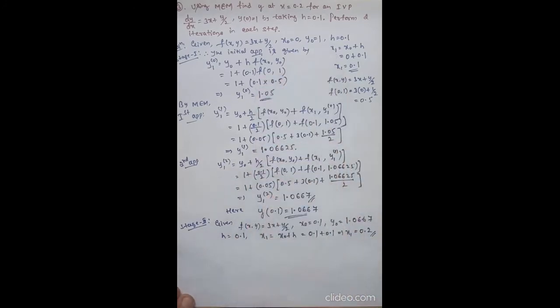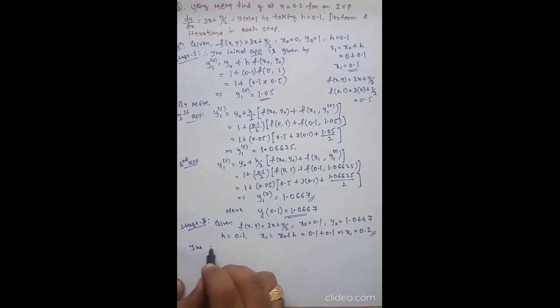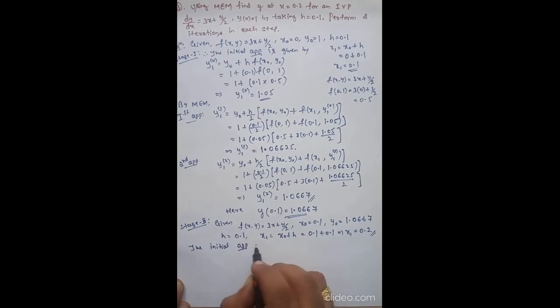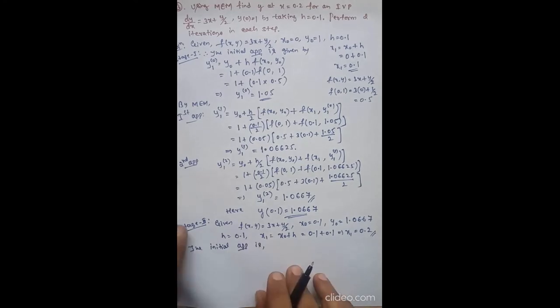Let us apply the same procedure and find the final solution of the problem. That means you have to repeat the entire step now. So start from the initial approximation. The formula you already know: y1 power 0 equals y0 plus h into f of x0 comma y0.